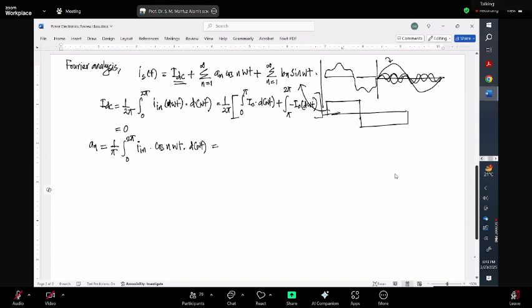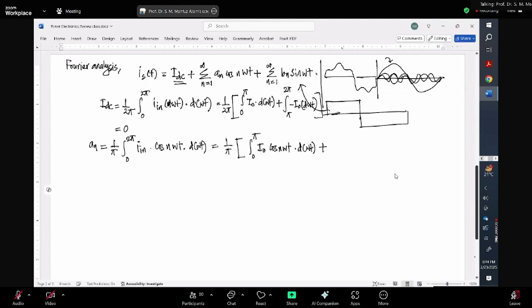So as we did here, 1 over pi from 0 to pi, what is the value of I in? I in is I naught, right? And then it should be cos n omega t multiplied by d of omega t.